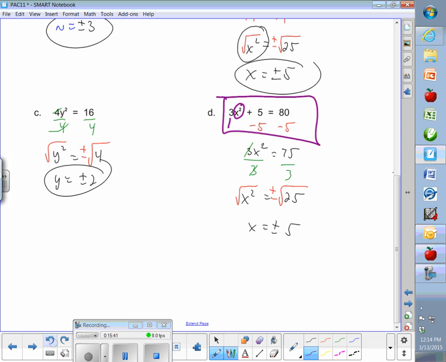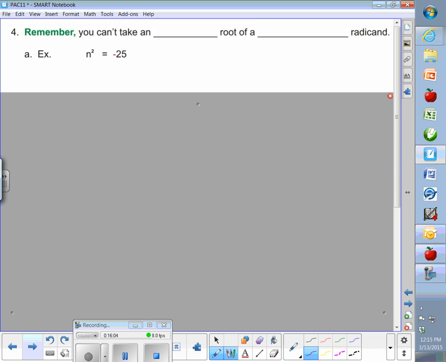All right, see if you can follow on the second one. If x is a negative 5, what's negative 5 times negative 5? 25. What's 25 times 3? 75. What's 75 plus 5? See how it worked? Okay, both answers work. Both are the solution. All right? Get rid of that. Let's go to our second page here.